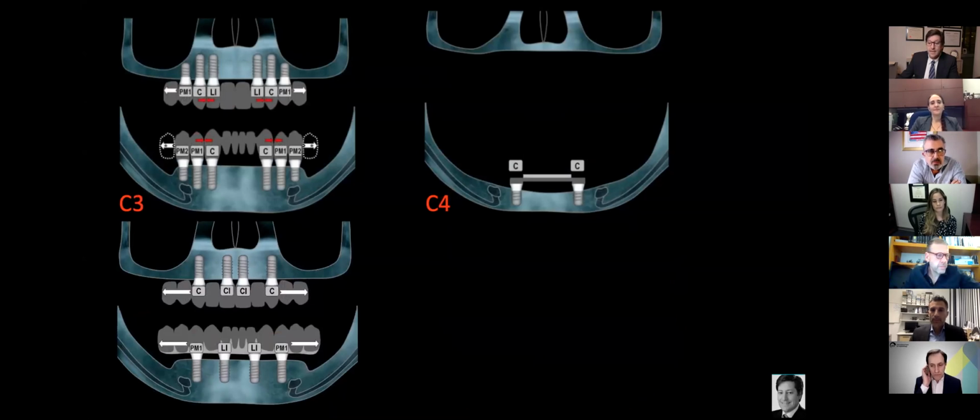And basically, this shows the importance of anatomy being one of the most predominant determinants for your implant prosthetic protocols. And now, of course, that can be corrected and modified.